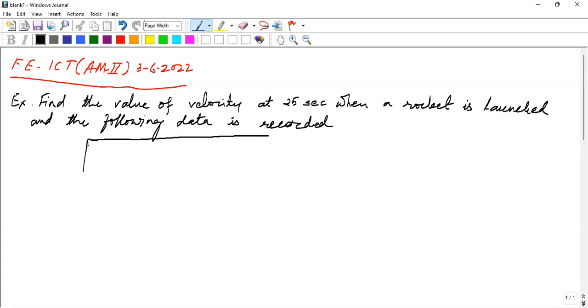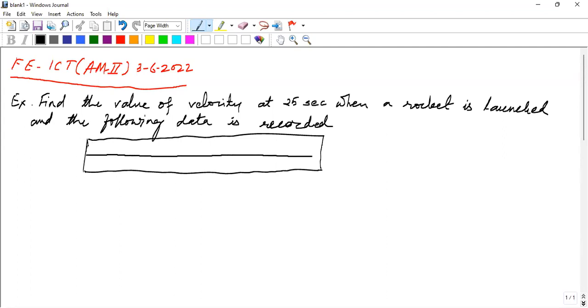So we have the data recorded, and then we have to find the velocity at 25 seconds.